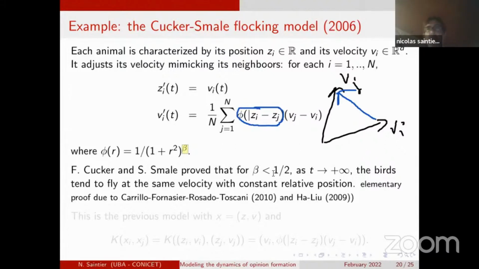And this is nice because this macroscopic organization of the whole group of birds is only the result of small adjustments made by each bird individually. Okay? And in those papers you can find a very simple proof of that in 2 pages using only very elementary techniques of ODEs. So this is not complicated at all.